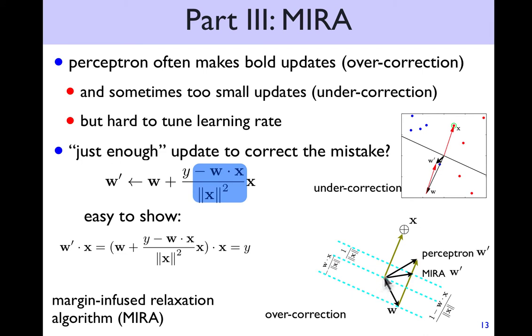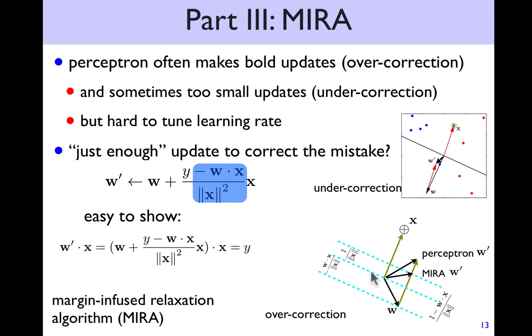For this positive example X, the current weight vector W misclassifies it for sure. After you update this way, W plus X is the new vector W prime, and you correctly classify this example, but probably a little bit too much.